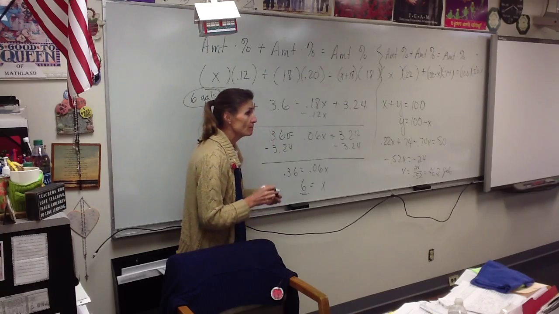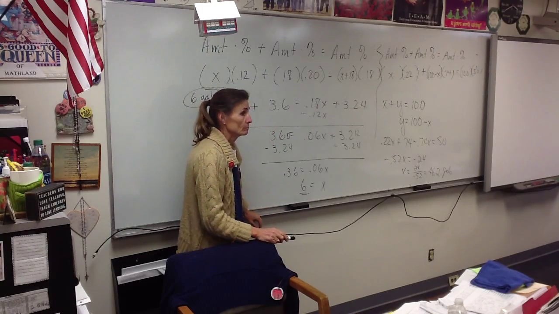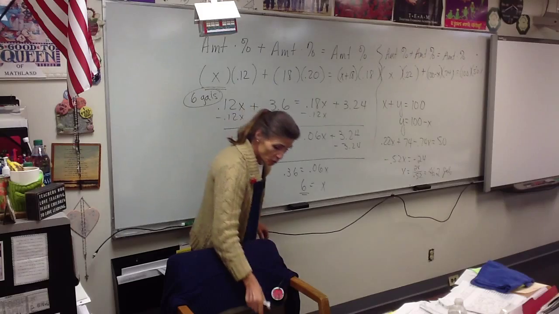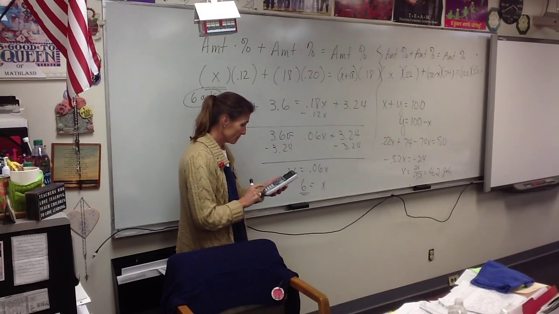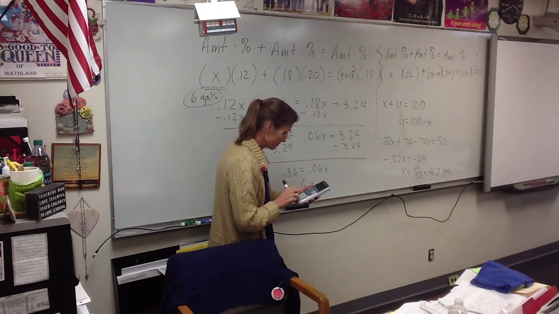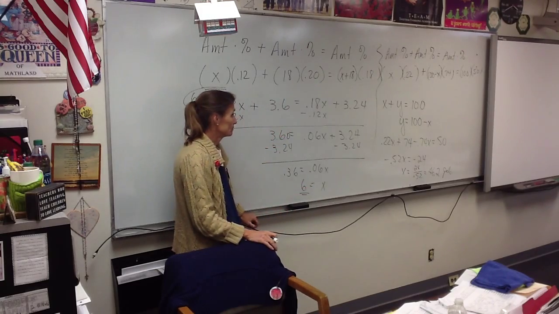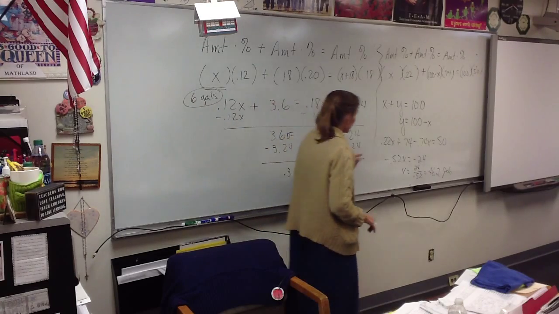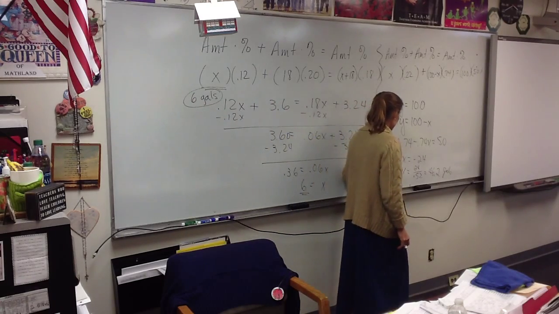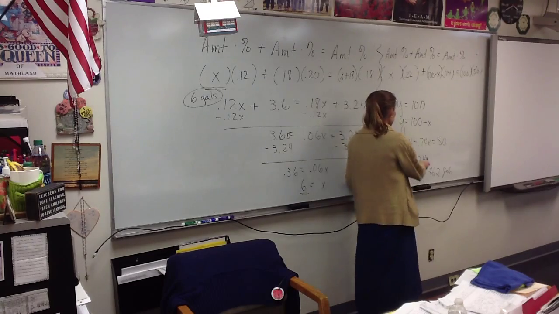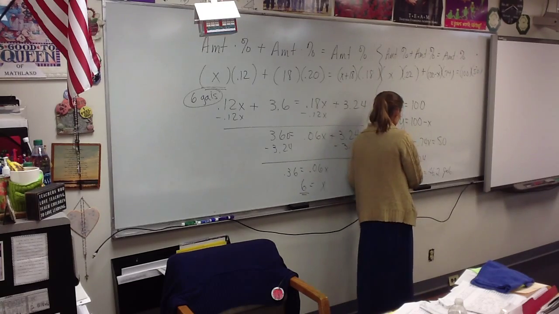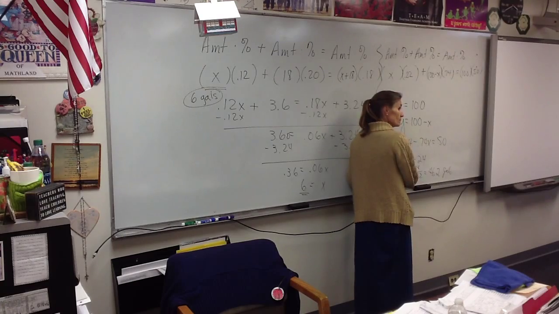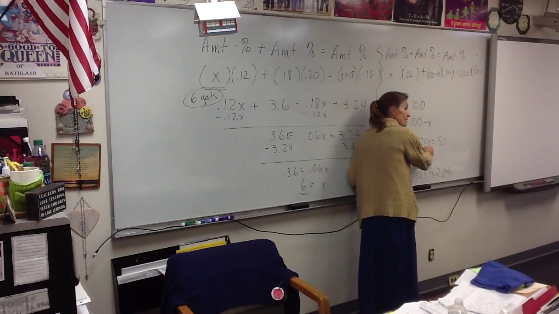Anybody else get that answer? Double check it for me. I don't know if it's right or not. I think it is. So I added these two together and got negative 0.52, because 22 minus 74.